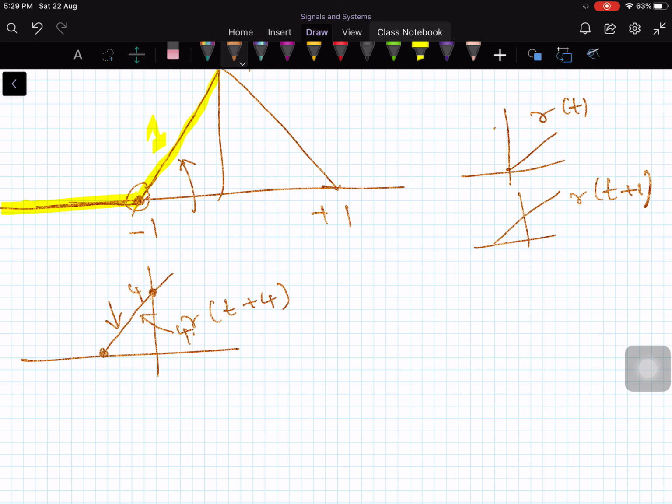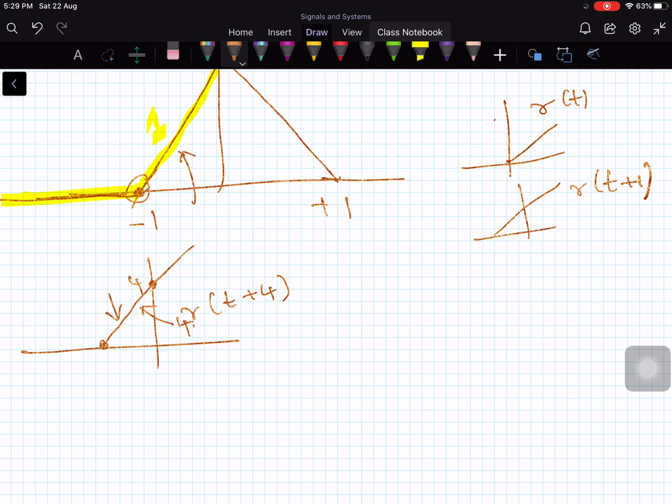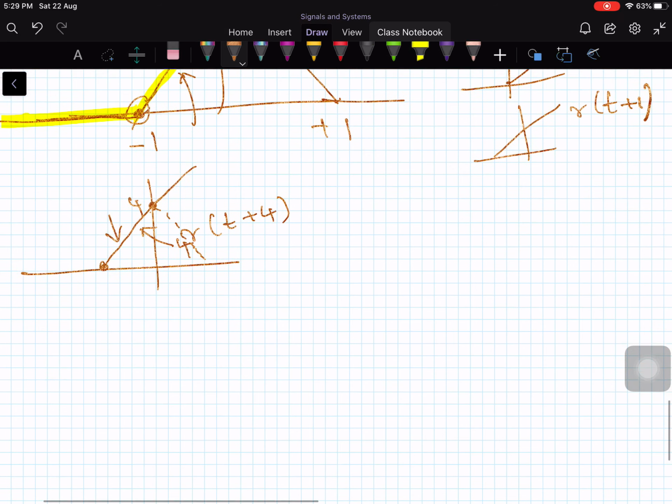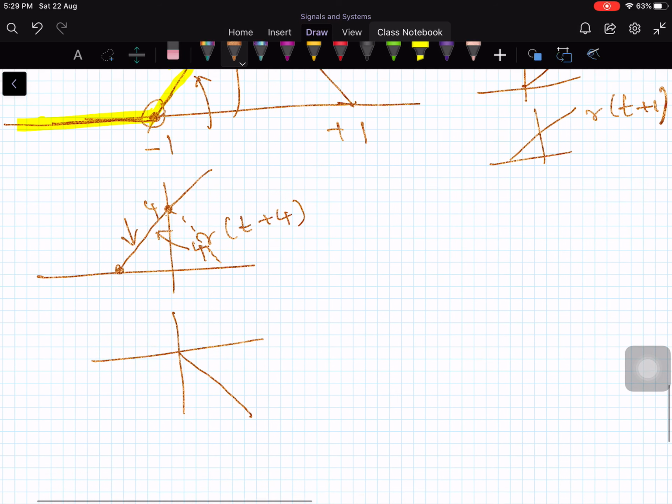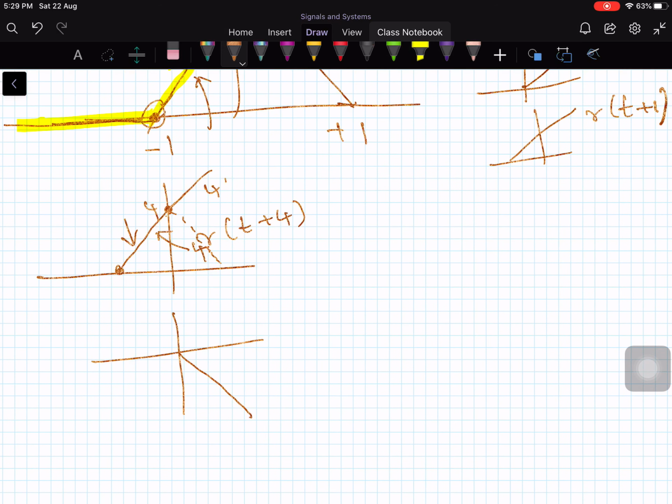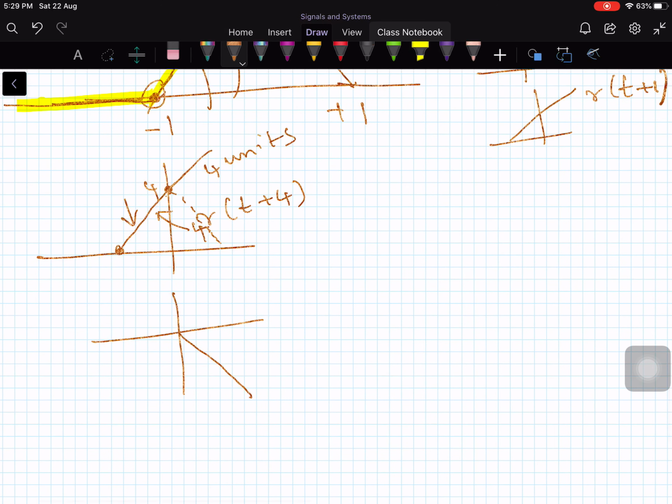Okay, the moment you reach this point, you have to come down. You are not allowed to increase. Therefore at t equal to 0, you introduce a slope, because you already have 4 units of increasing. Then you have to bring it downwards from t equal to 0 onwards. So how will you do that?